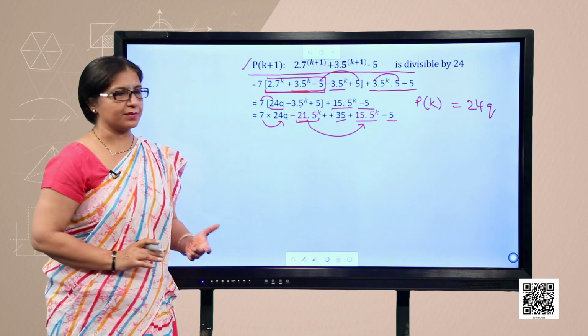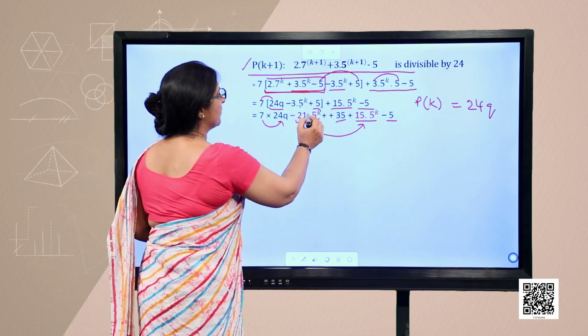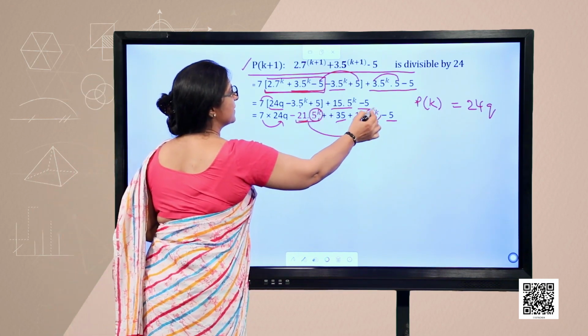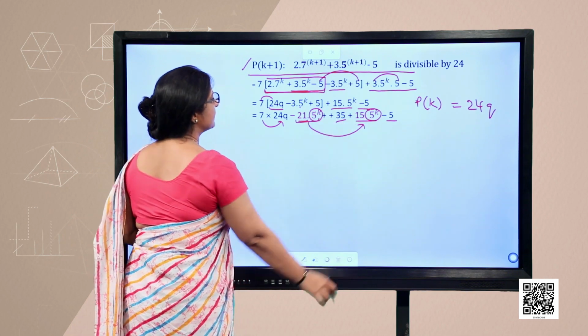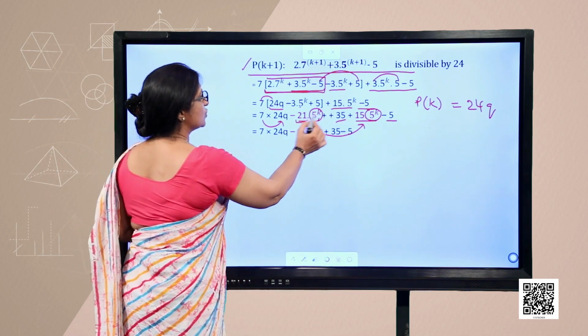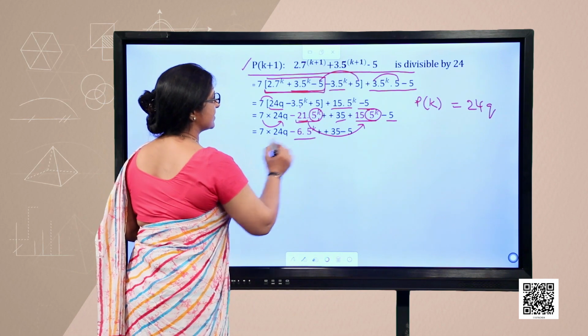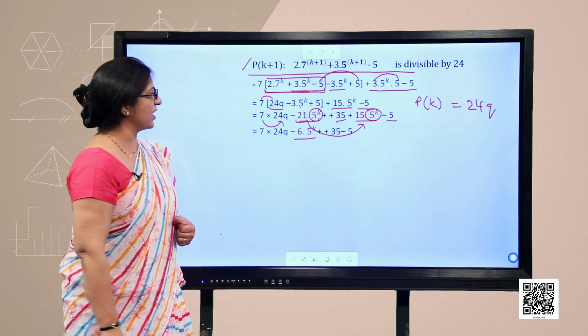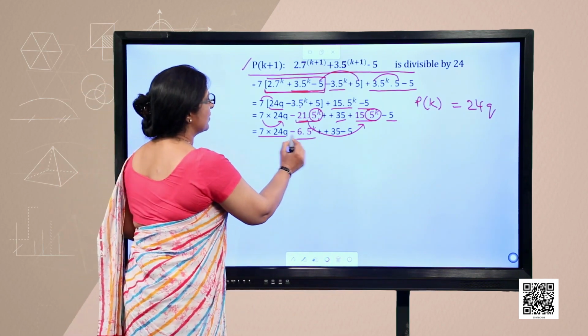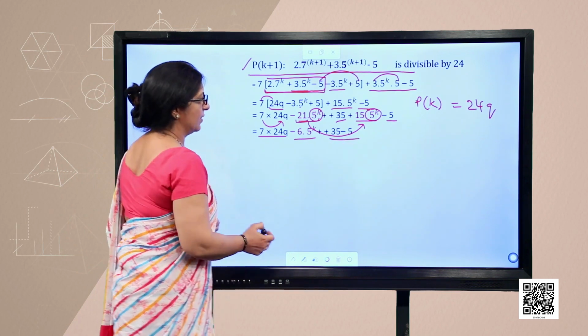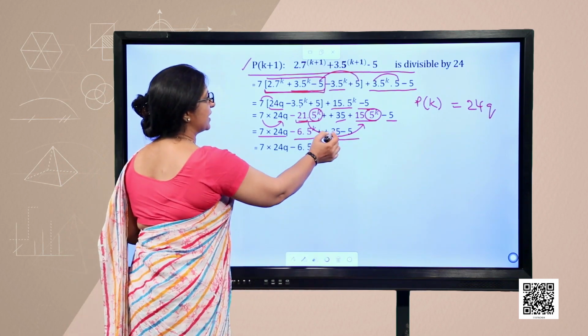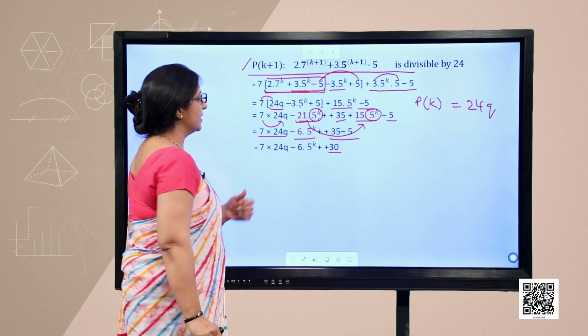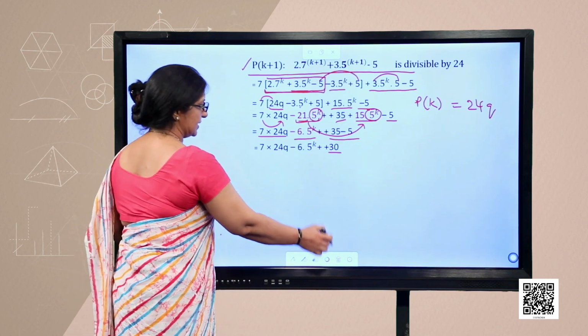Because these are like terms with the same 5 power k expression in them. These can be solved further. These 2 terms will reduce to this term, which is minus 6 into 5 power k. The rest of the terms we have kept as they are. Now, moving on further, 35 minus 5 will make it 30.